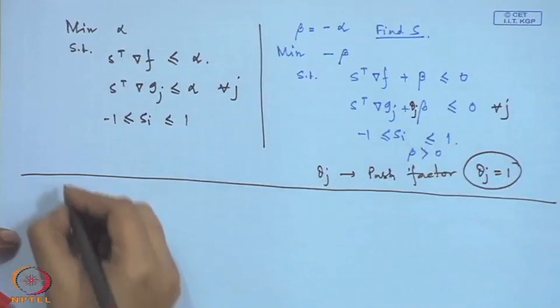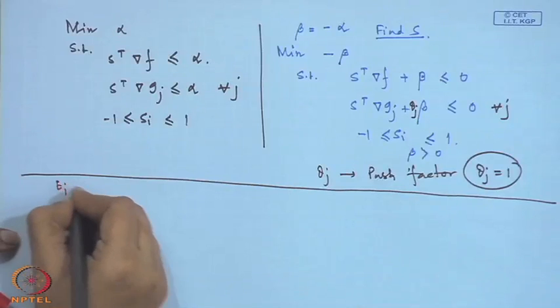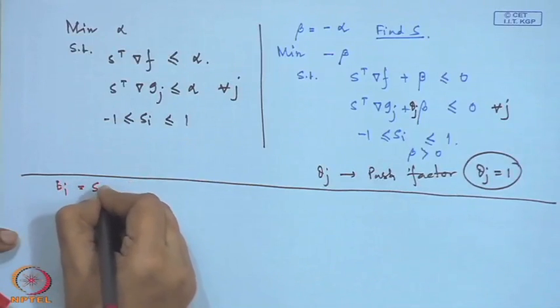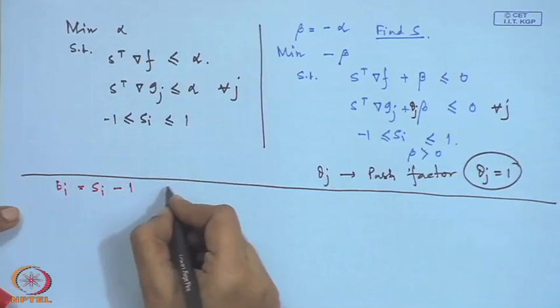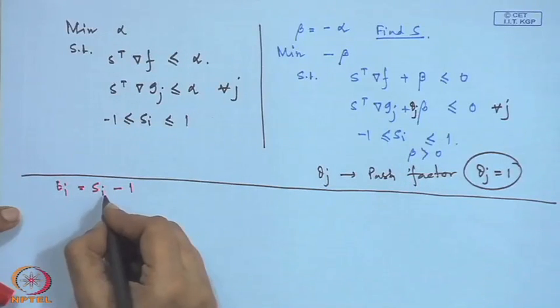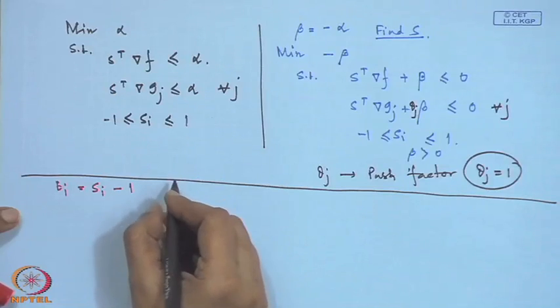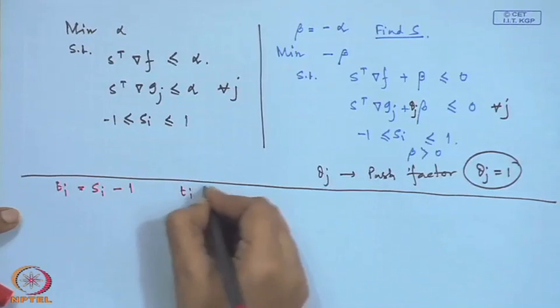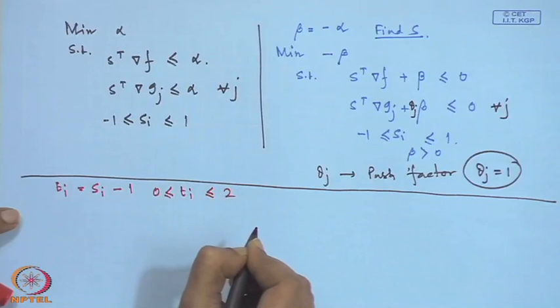That is why let us consider another variable Ti equal to Si minus 1. Then, since Si is in between minus 1 and 1, Ti would be in between 0 and 2.